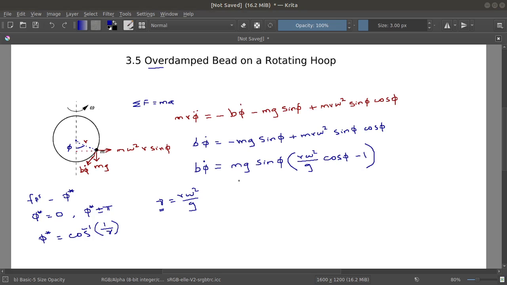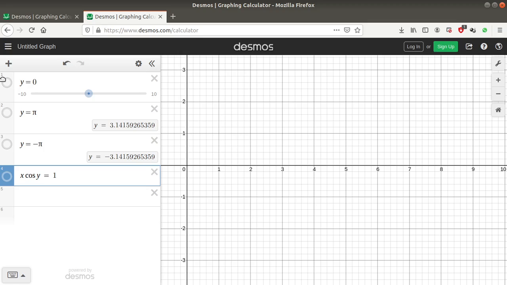Let's begin our further analysis with a bifurcation diagram. In the bifurcation diagram we are going to draw phi star on the y-axis and our control parameter gamma on the x-axis. So let's draw it. Phi star is equal to 0, this is 1.